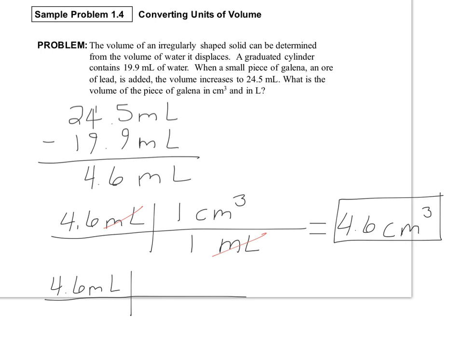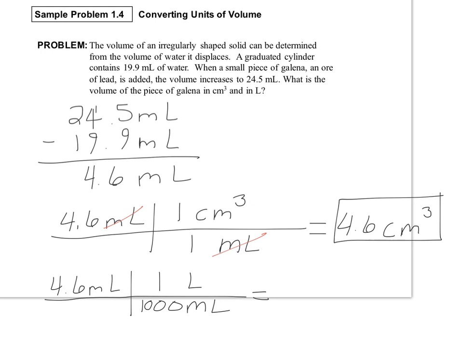I've just got milliliters, and I'm wanting to convert to liters. So let me put milliliters in the bottom of my T, because if I have it in the top, I need it in the bottom so that it'll cancel out, and I can be left with just the liters that I'm looking for. So I look at the prefix milli on table 1.3, and it says it's 1,000th, which means that there are 1,000 milliliters in 1 liter.